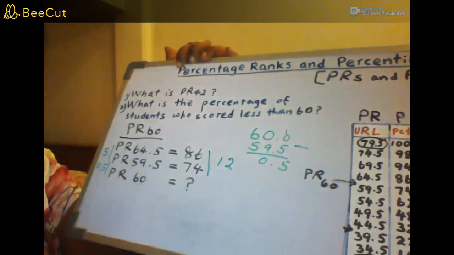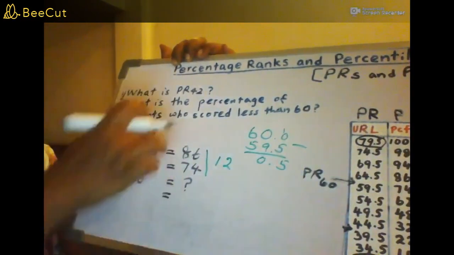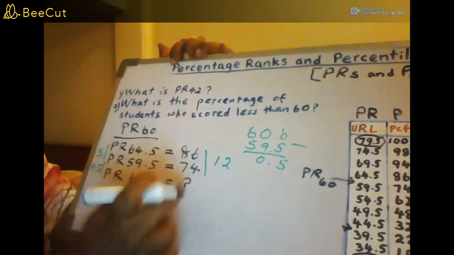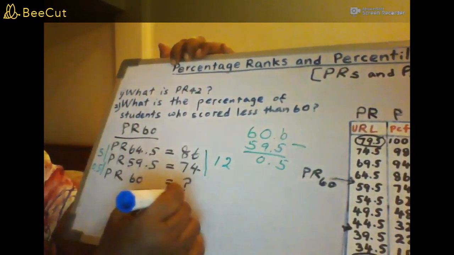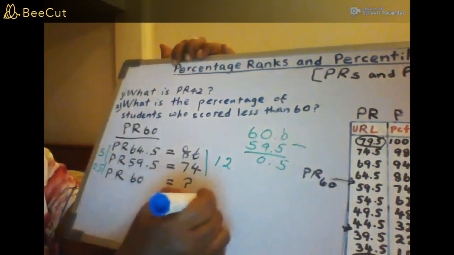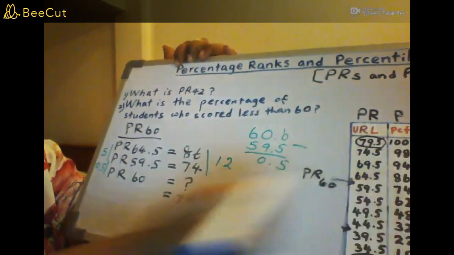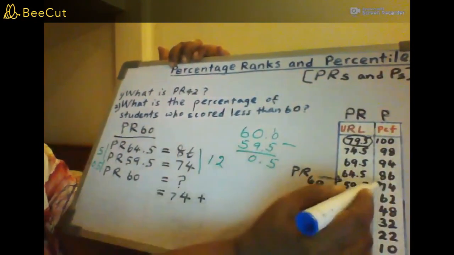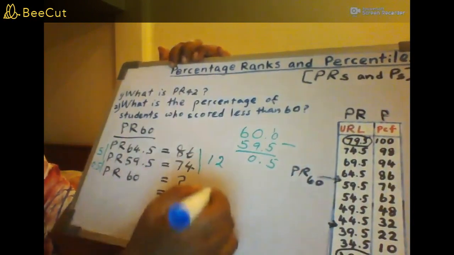Then what you have to do? Put the equation mark straight away. Write the value above the question mark, 74. 74 plus some value, open bracket.